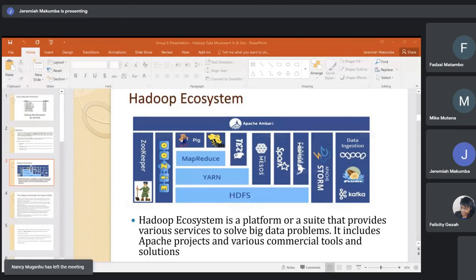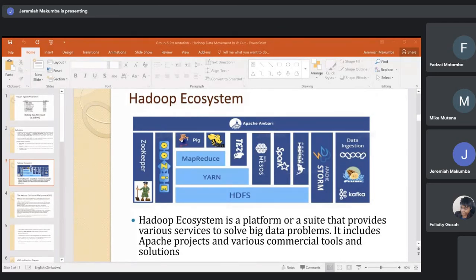For MapReduce, we have Pig and Hive sitting on top of it. They do work similar to MapReduce, whereby Hive looks for information within the Hadoop file system, and for those used to SQL, you can structure your queries using Hive to look for your data.